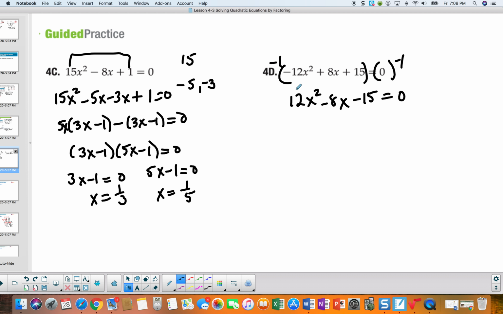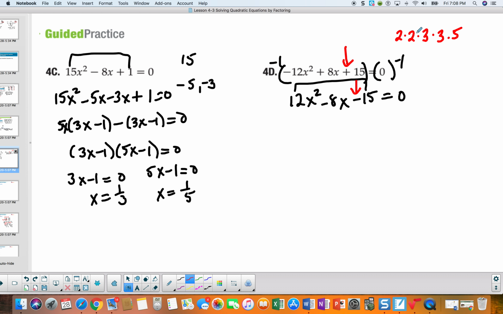I am going to multiply these two, and instead of multiplying it out and getting a big number, what I'm going to do is I'm just going to make 12 2 times 2 times 3, and I'm going to make 15 3 times 5. So I want to look for factors that when I subtract them, because right here I have a negative, so I know I have to subtract them. I'm trying to pick out two factors that'll give me 8.